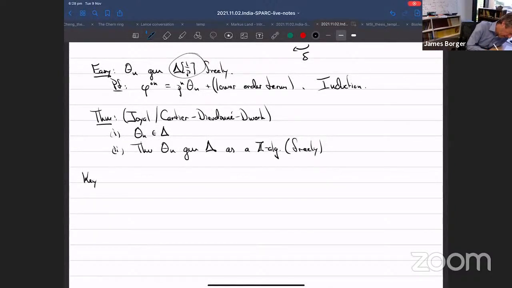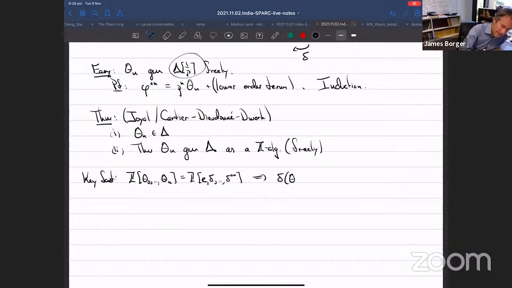So you again prove it by induction, and the key fact is that if you know the two sets of generators are the same up to degree n, then if you apply delta to the last theta, it's the same thing as theta n plus 1 plus lower order terms. So plus, let me be more precise, terms in Z adjoin theta 0 to theta n.